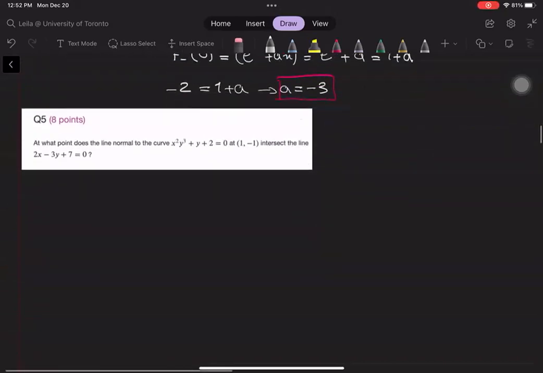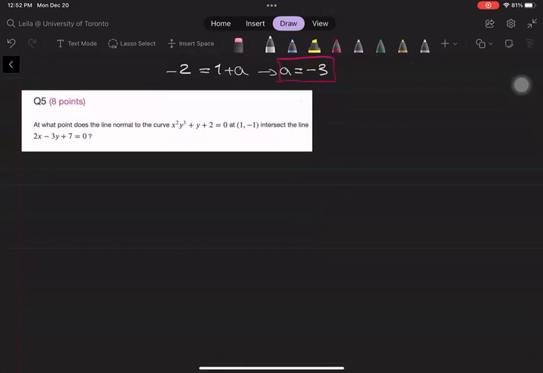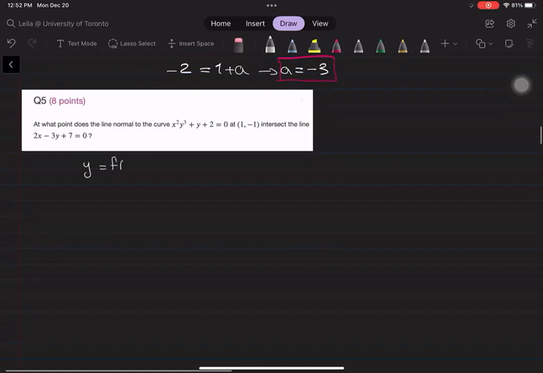Okay, so for this one, you want the equation of the normal line. So you have y equals f of x0 plus minus 1 over.